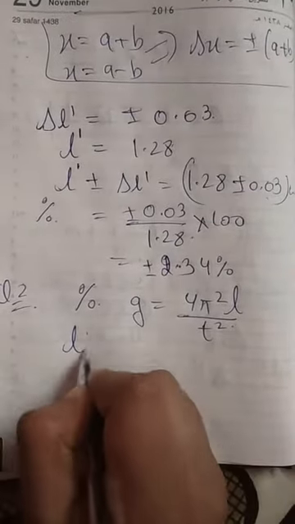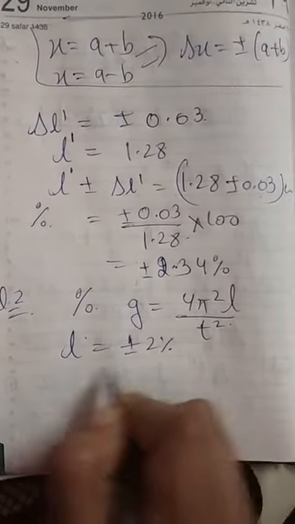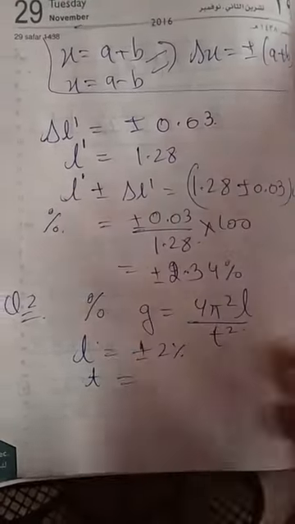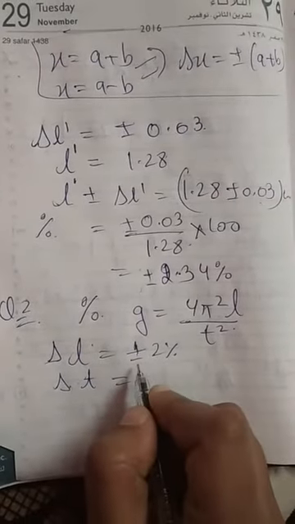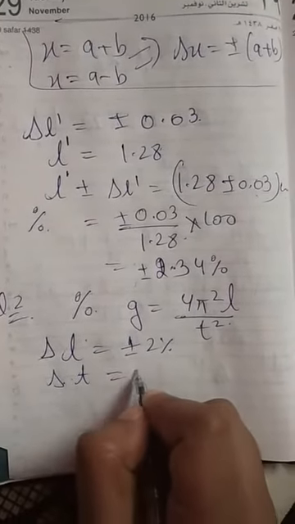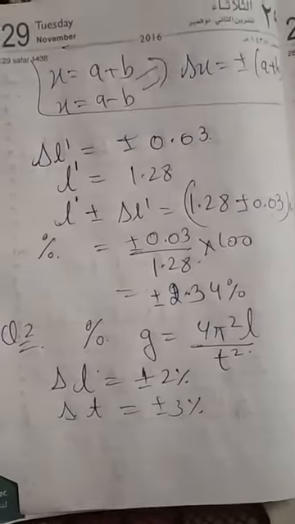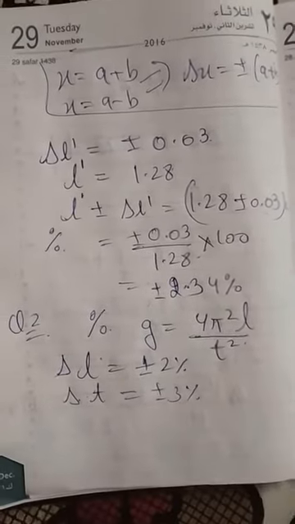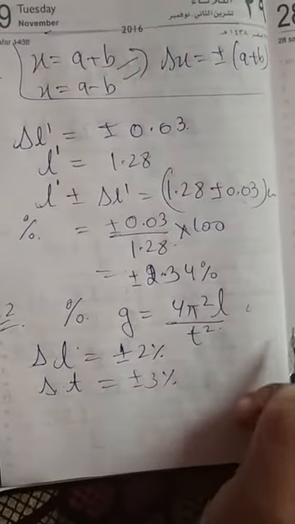L has an error of plus minus 2%, and T has an error of plus minus 3%. In terms of percentage, they have given you the errors in the measured length and in the time. And you have to calculate the percentage error in this formula.